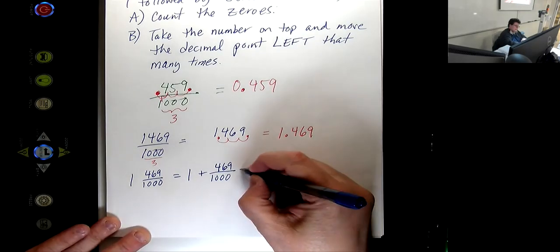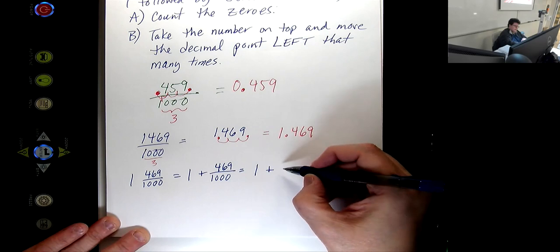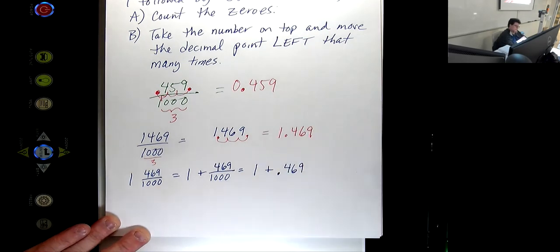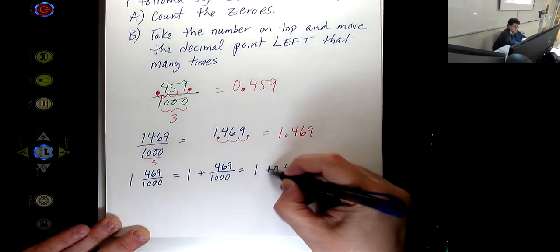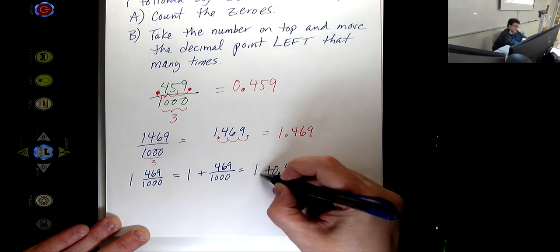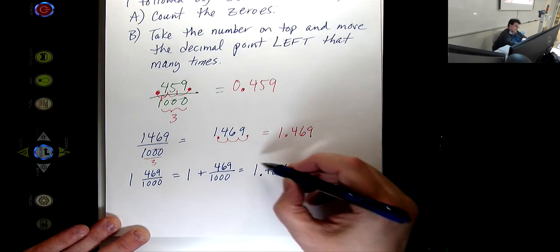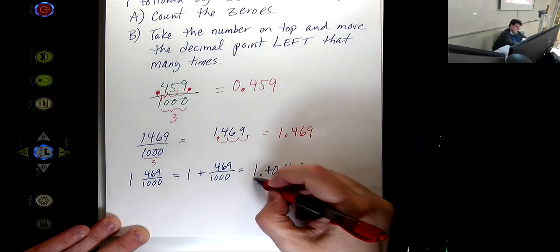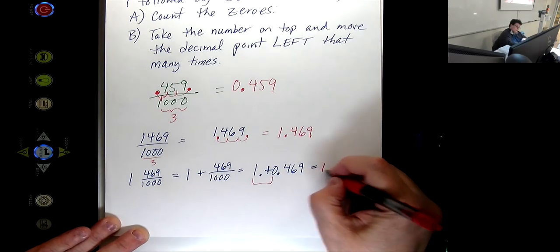So when I shift that, this becomes 1 plus 0.469. I move the decimal point left 3 times. And then we're adding decimals. So yeah, you could throw it in the calculator, or as long as you know the part to the left of the decimal adds, and then the part after the decimal adds. You get 1.469.